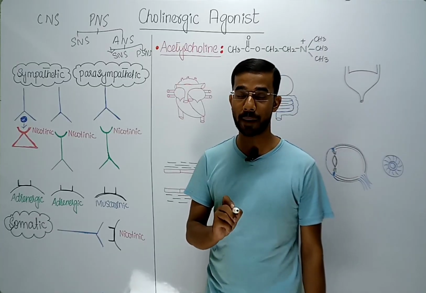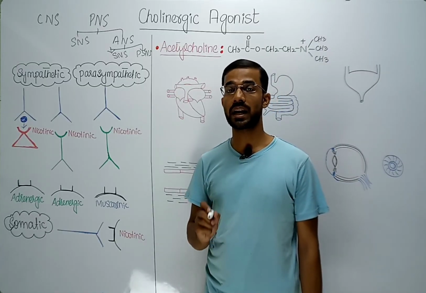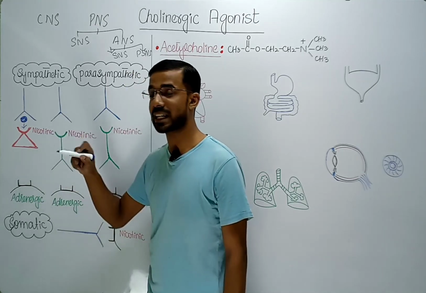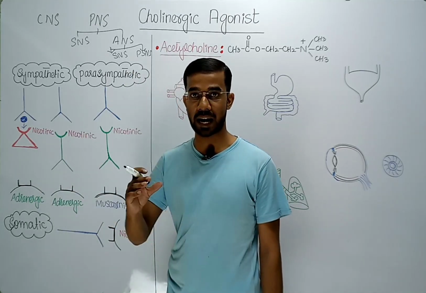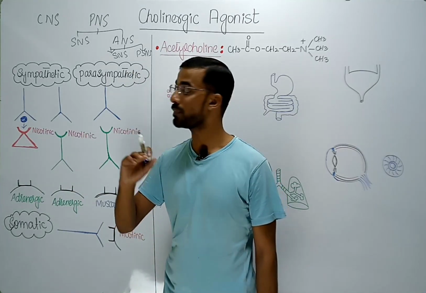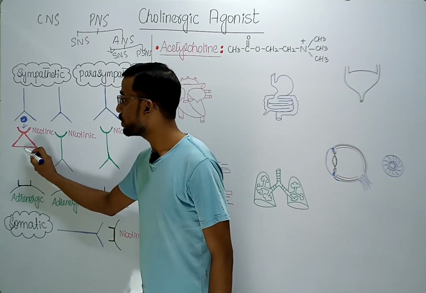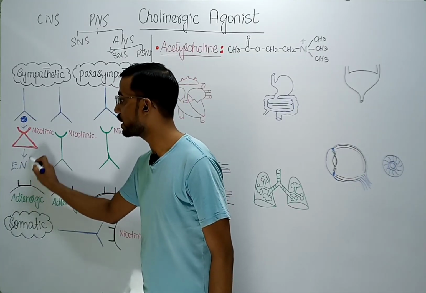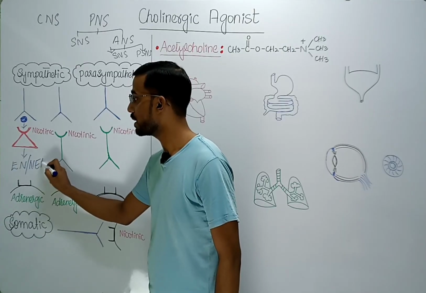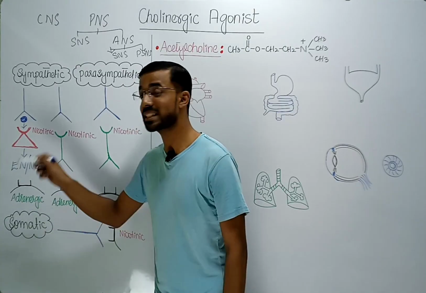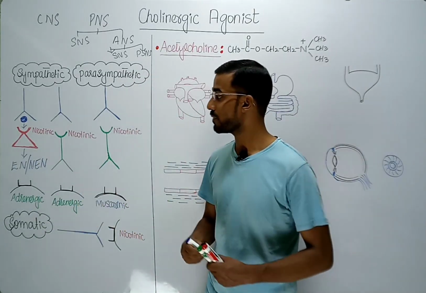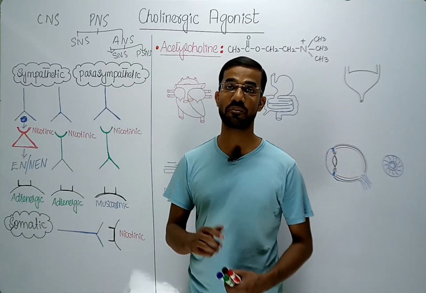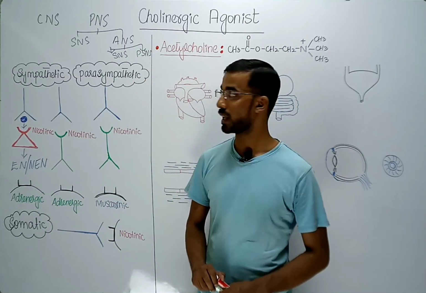Acetylcholine has two receptors, the nicotinic receptor and the muscarinic receptor. It binds to the nicotinic receptor that is present on the adrenal gland above the kidney, and after that you will see the production of epinephrine and norepinephrine, which bind to their respective receptor, the adrenergic receptor.